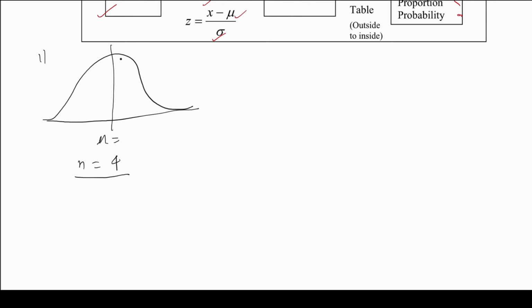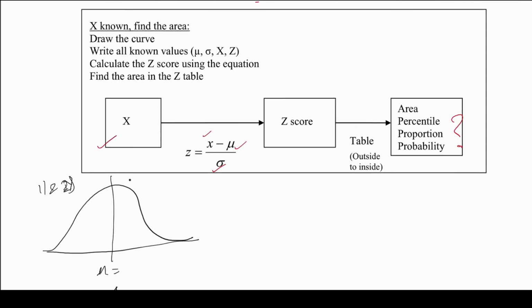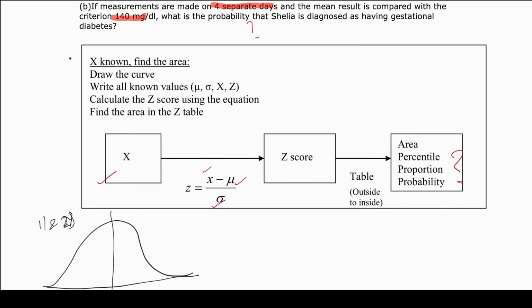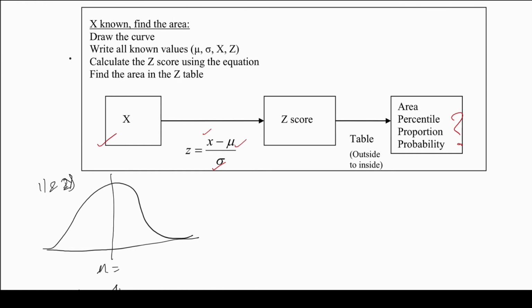But for steps 1 and 2, just refer to the previous steps; this is the only unique thing we have for subtype question B. So when we calculate the next step, z, we are going to use the formula x minus mu upon sigma divided by the square root of n, where n is the sample size. From the theory lecture you will know why we divide by that, but for this lab I'm going to skip that theory part.